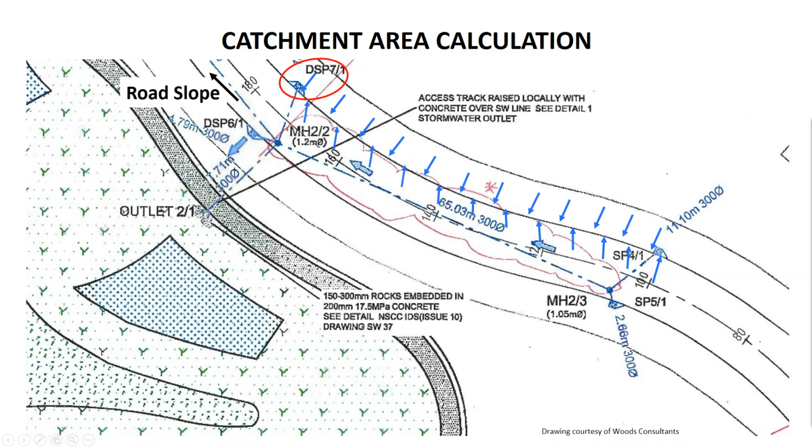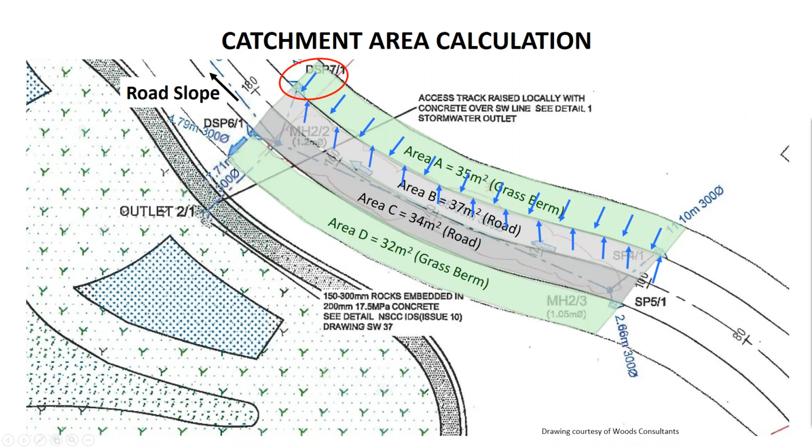So what we need to do is put areas in. Area A is 35 square meters, and it's a grass berm. Remember, when we're looking at the C value, we need to know what type of surface it is. Area B is 37 square meters, and it's a road. And just for interest, I've also added the area for display pit 6-1 as well.